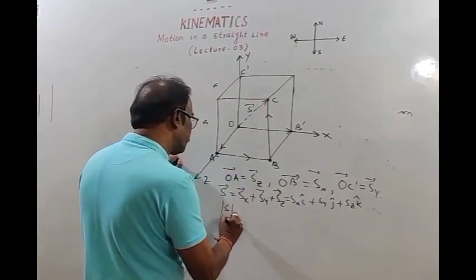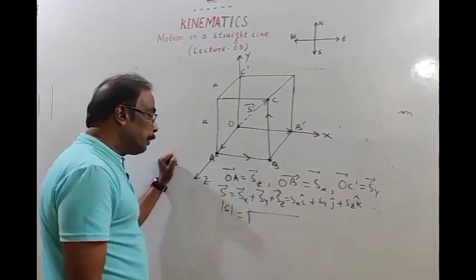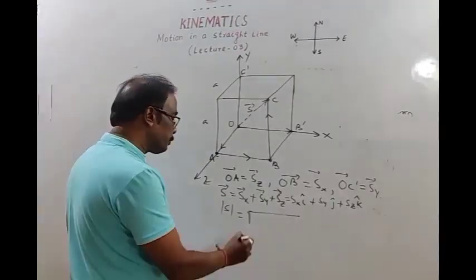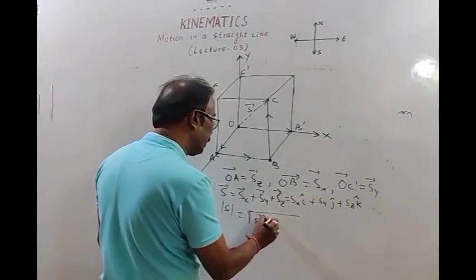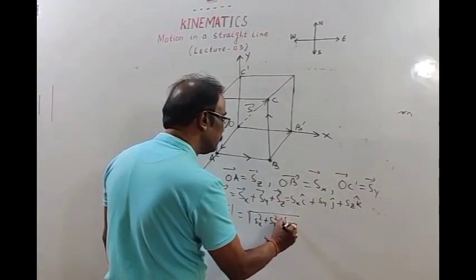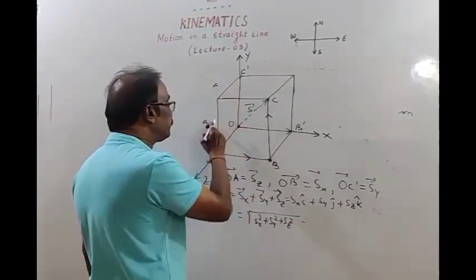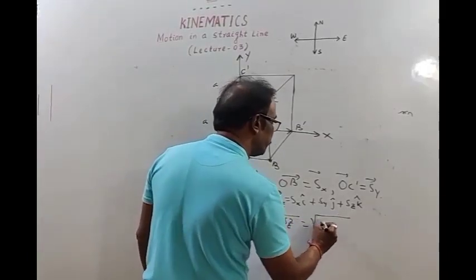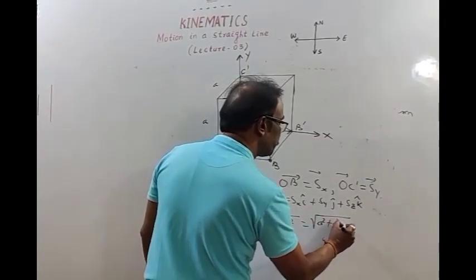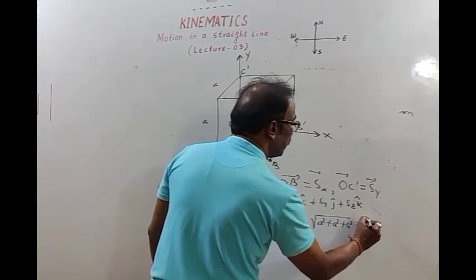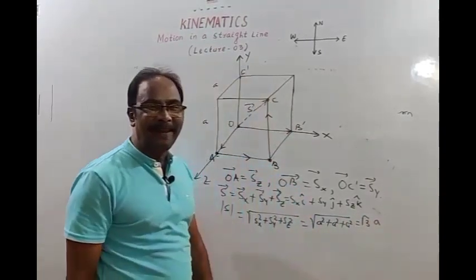And the magnitude of displacement, as you know, using the rectangular components, is the square root of Sx square plus Sy square plus Sz square. Since the side of the cube is a, this equals the square root of a square plus a square plus a square, and our answer is root 3 a.